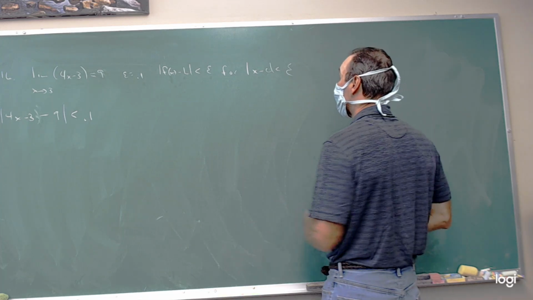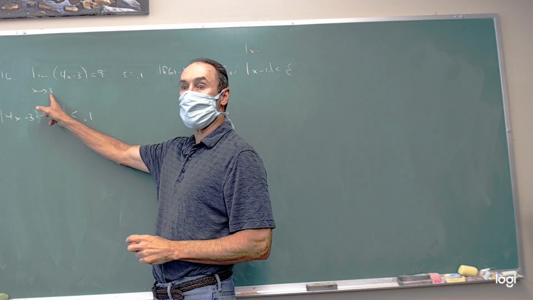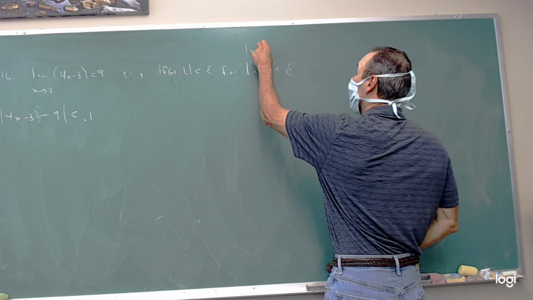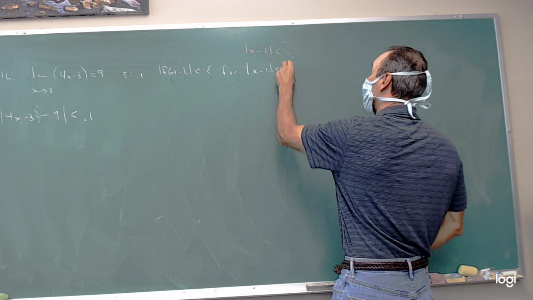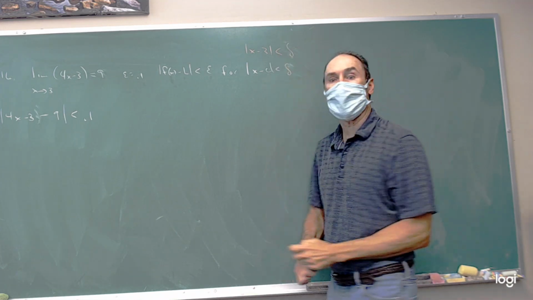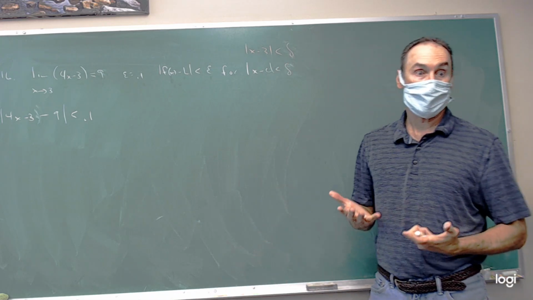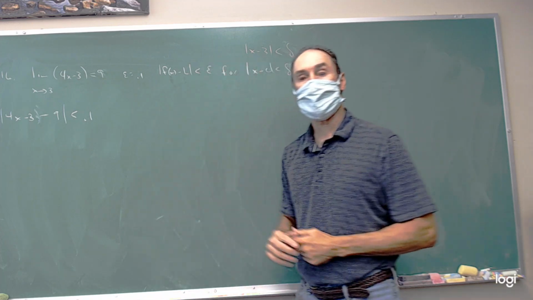Our goal is to get to x minus c, the number we're approaching, which is 3. Whatever we get is going to be our delta. In this case, it's going to be a number, since we're starting with an epsilon that's a number.